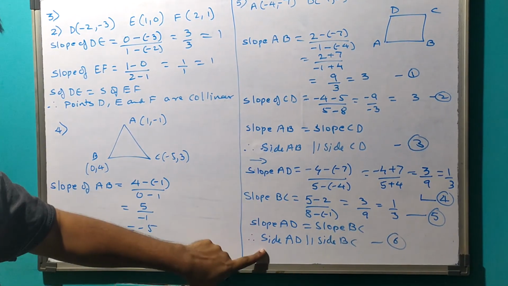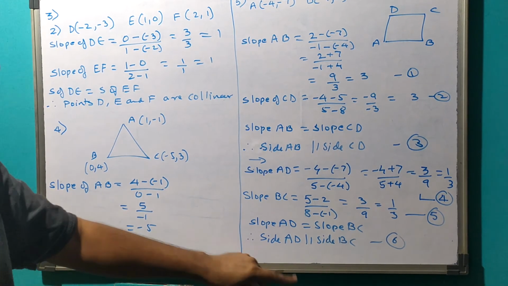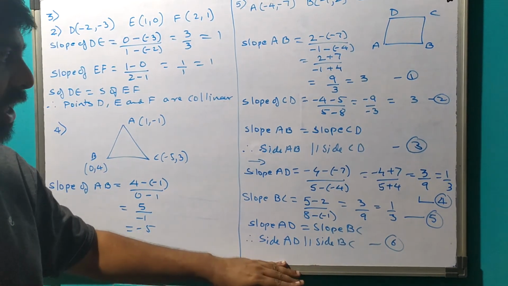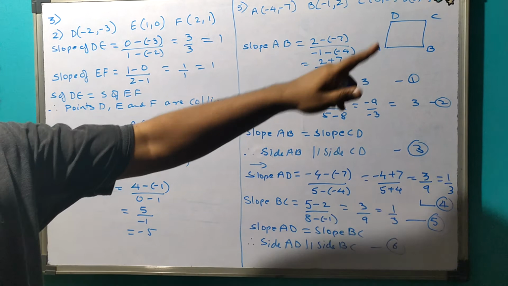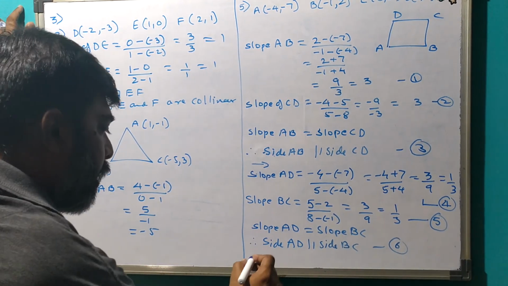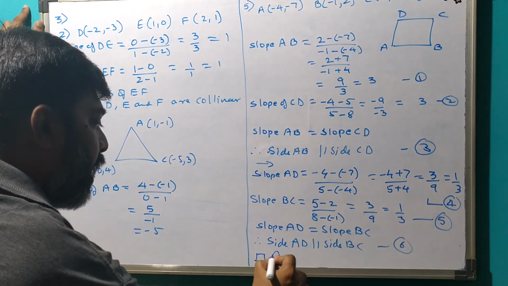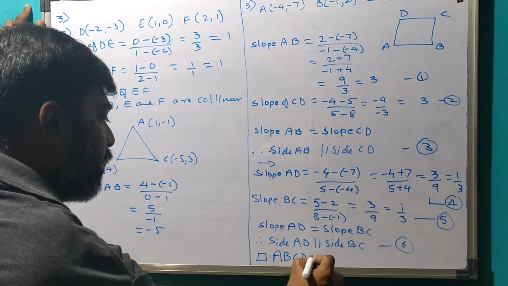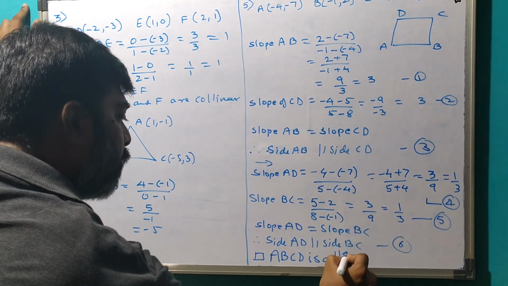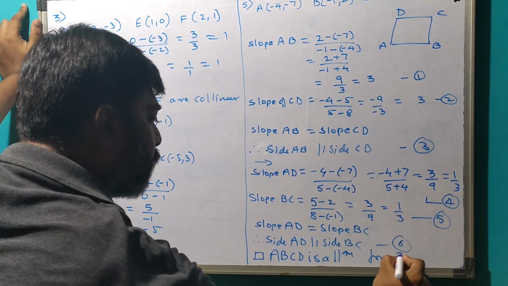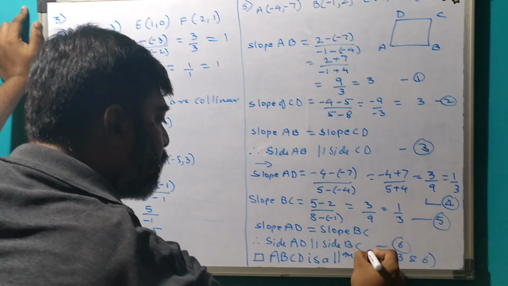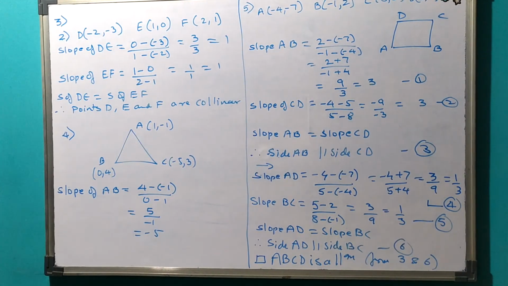From 3 and 6, I can write the last statement, AB parallel to CD and AD parallel to BC. Therefore, quadrilateral ABCD is a parallelogram from 3 and 6. In this way, we can conclude the sum.